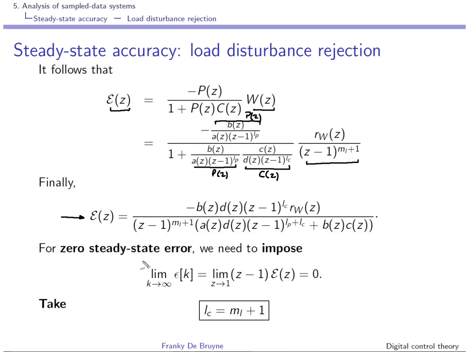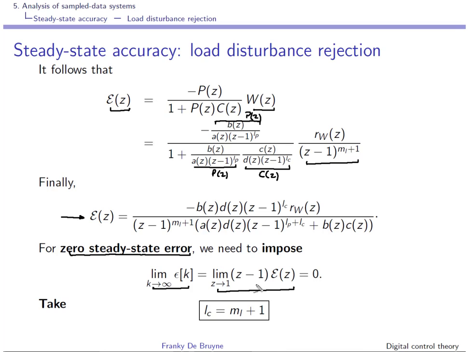So the idea is that again you want a 0 steady state error. You want this limit to be 0. This is the steady state error, and by the final value theorem, this is equal to this quantity here, and I hope it does not come as a surprise, otherwise you have to go back in the course.